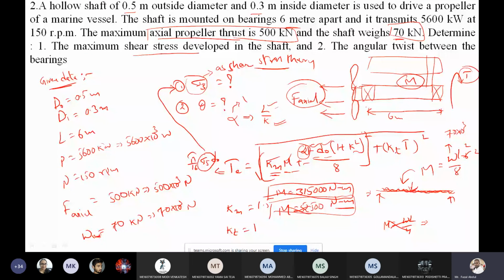Only thing is we need to substitute. After substituting these values, we will get the whole product value. After getting this value, substitute in this equation, pi by 16 into sigma s into d cube is equal to this answer. Then you will get the sigma s value.